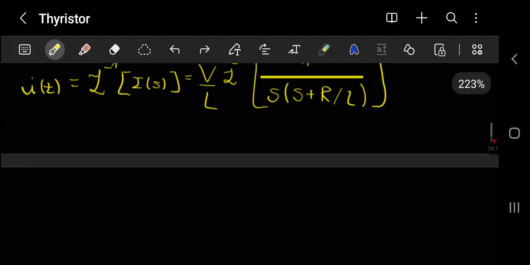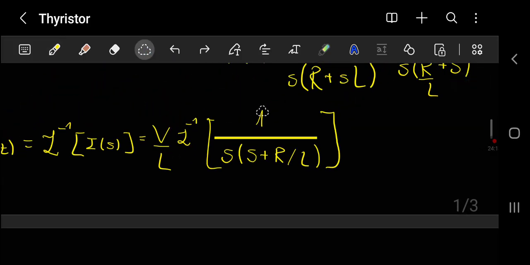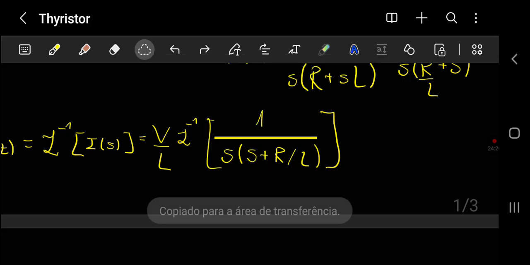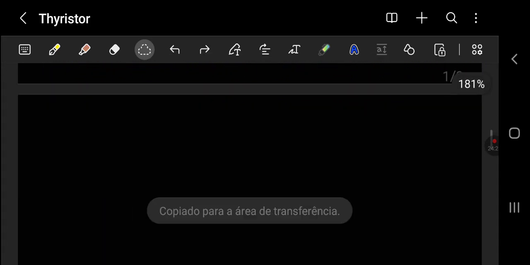Now what we do is break this into partial fractions.